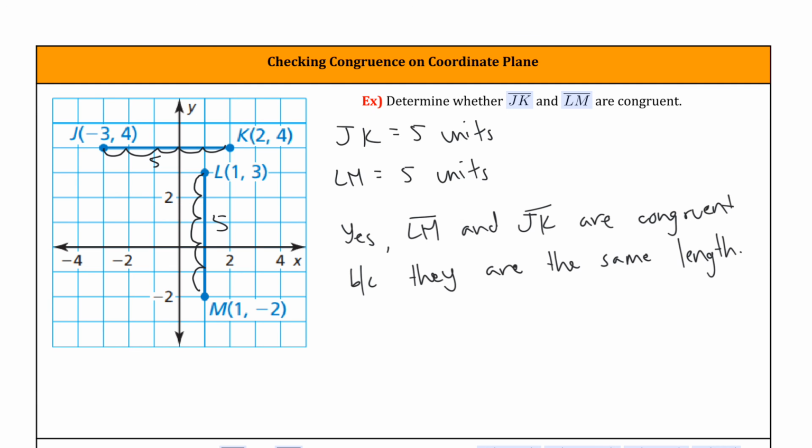Okay. And another way you might see this written is segment LM is congruent to segment JK. So that is another statement that you can write. It is completely symbolic, but we read it as segment LM is congruent to segment JK.